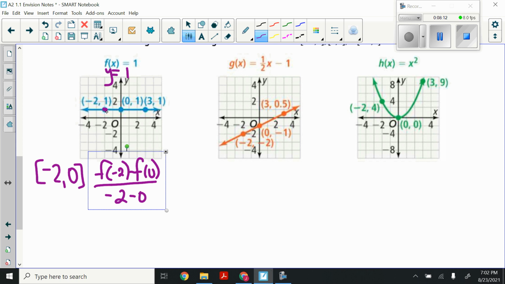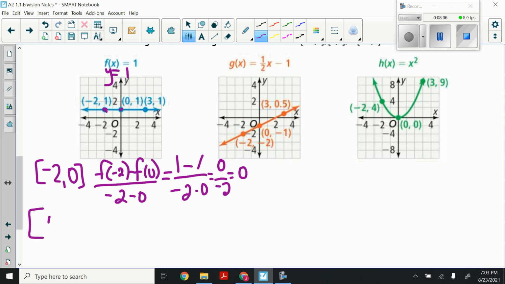My y value is 1. So this equals 1 minus f of 0. So this means when x is 0, what's my y value? X is 0, y is 1. So 1 minus 1 over -2 minus 0. On top, 1 minus 1 is 0. On the bottom, -2 minus 0 is -2. So 0 divided by anything is 0.